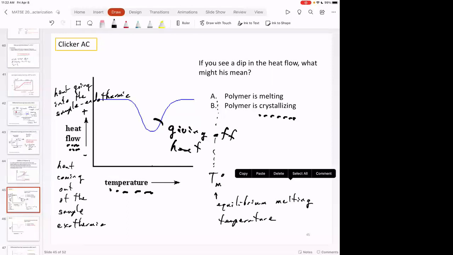And that's the theoretical value for 100% crystalline polymer. Of course, that doesn't exist. Or an infinitely thick polymer crystal, that doesn't exist as well. And so all the crystallization and melting of polymers always happens below TM0 and above TG. And we'll talk about that over and over and over.